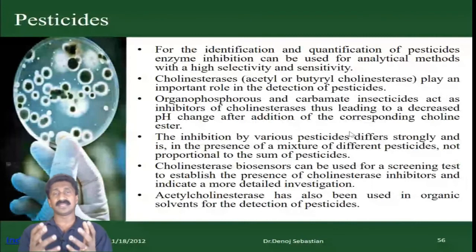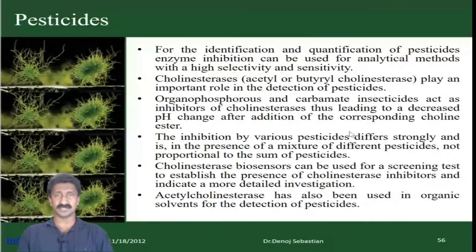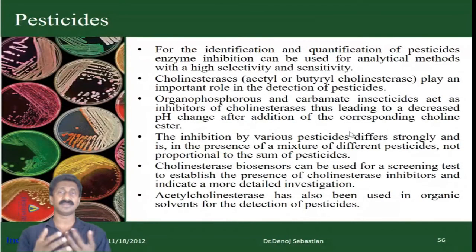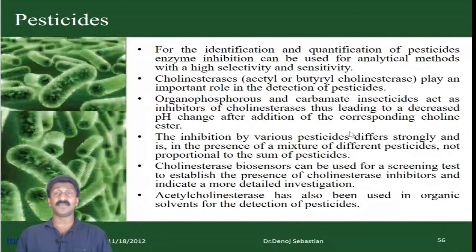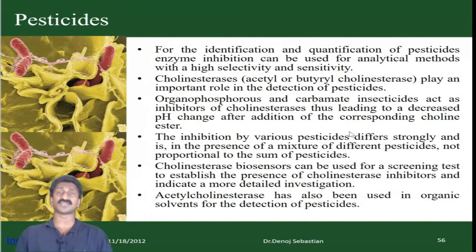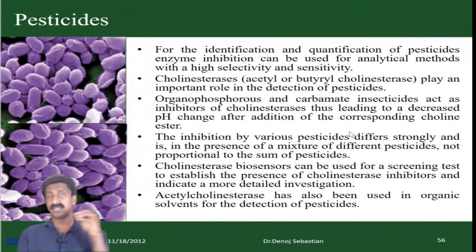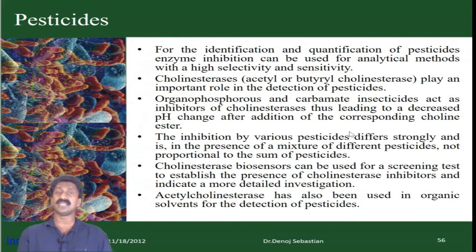So, in a system in which a pesticide is present, if the sample contains the analyte or the pesticide, and you add the cholinesterase, acetylcholinesterase or butyrylcholinesterase, the pesticides, which are organophosphorus compounds or carbamate insecticides, will inhibit the activity of the cholinesterase that is added, resulting in a decrease in the pH change.